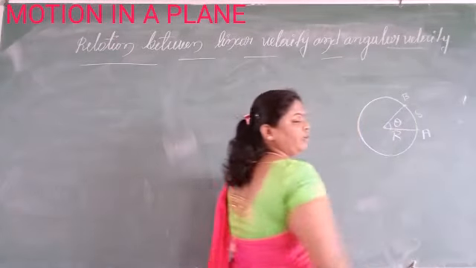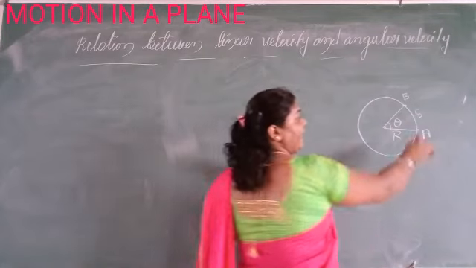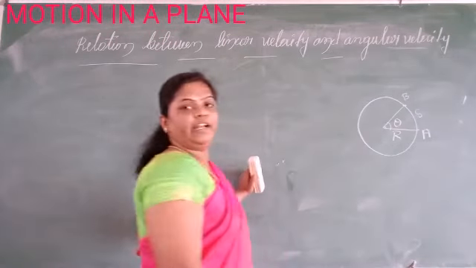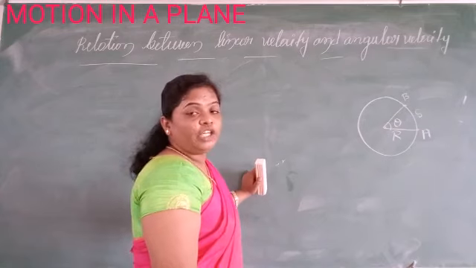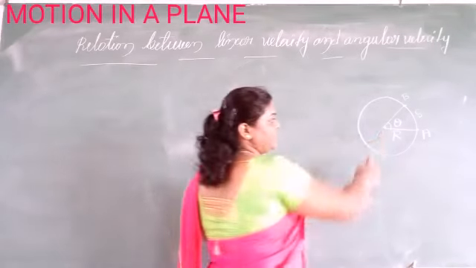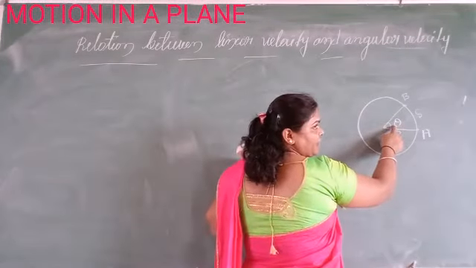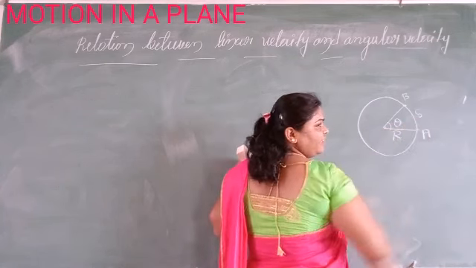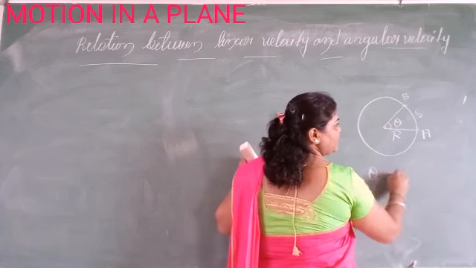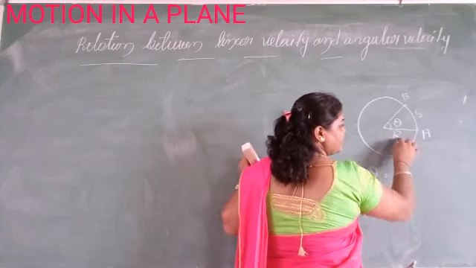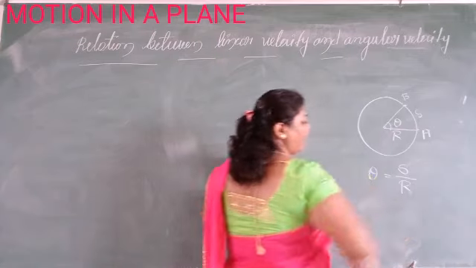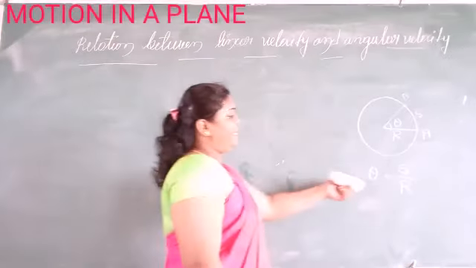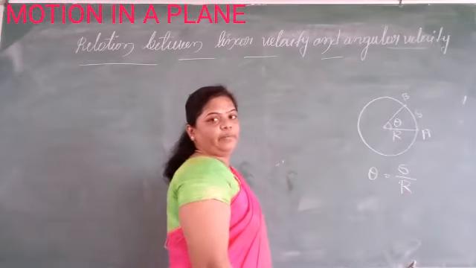AB is the arc of the circle, that is arc S. This is angle theta, r is the radius of the circle. Now we calculate the radian. Theta is equal to the arc of the circle divided by the radius of the circle. That is theta is equal to S divided by r.